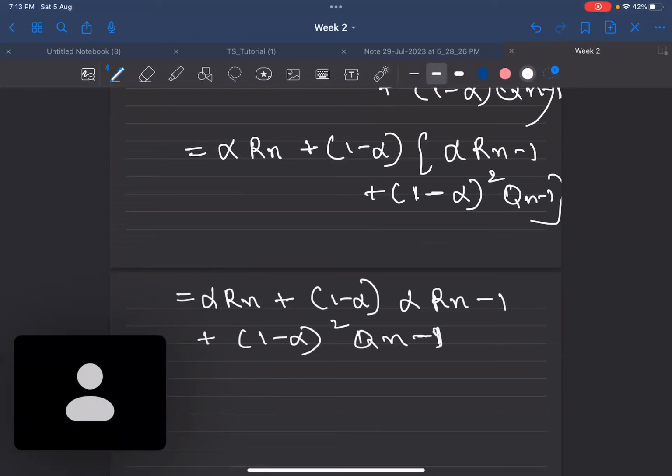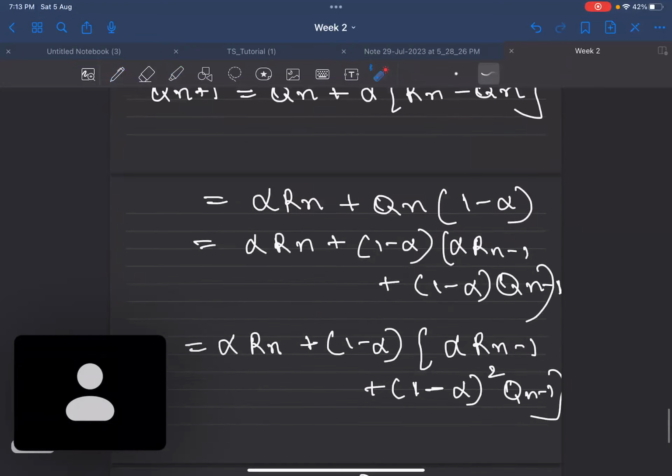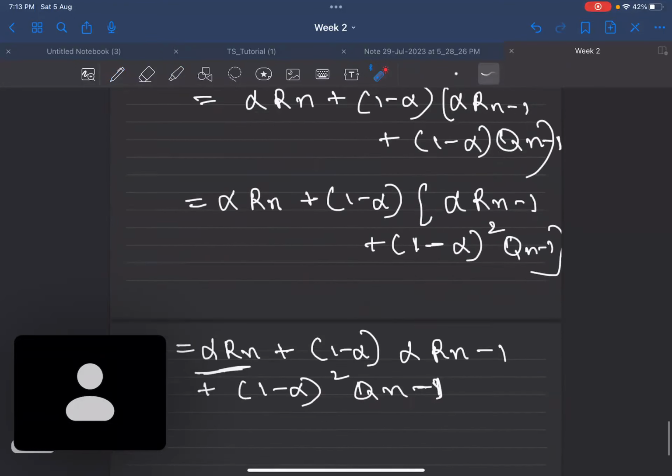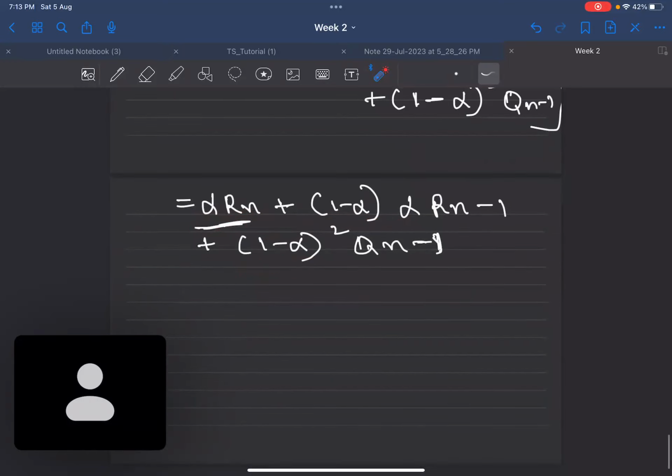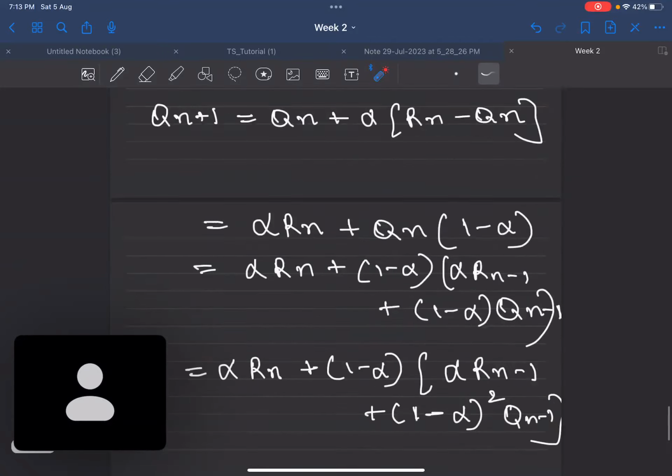So basically, what I mean here is that as we go ahead, more weightage is given to the more recent one. Alpha is basically from 0 to 1, so with (1 minus alpha) squared, the more recent one will get more weightage and the previous one will get lesser weightage. That is what I'm trying to explain with this derivation.